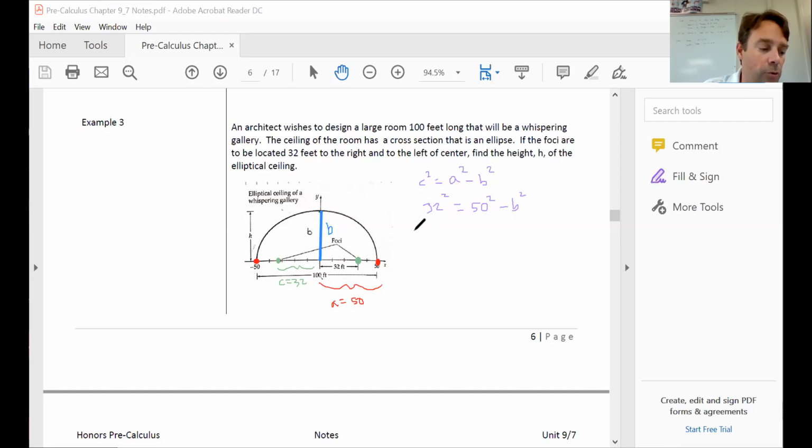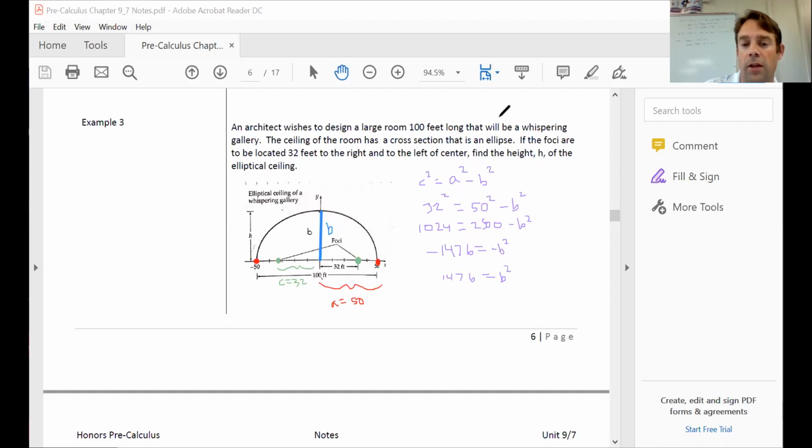So let's see, 32 squared, that's 1,024. 50 squared, that's 2,500. So when we subtract them, we get a negative 1476 equals a negative b squared. So 1476 is b squared.